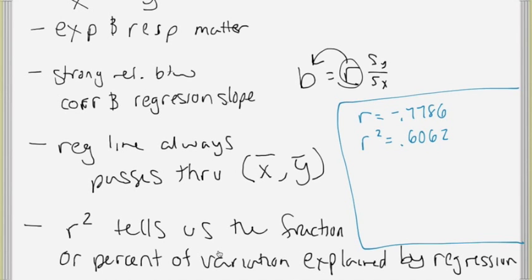So 61% can be accounted for by this line, but the other 39% is something else going on. That tells us how good of a predictor this line is going to be. The closer our squared value gets to 1, the better the predictor. Because if it was 1, then 100% of the information is predicted by this line, so you could plug in anything and know for sure what the outcome would be.